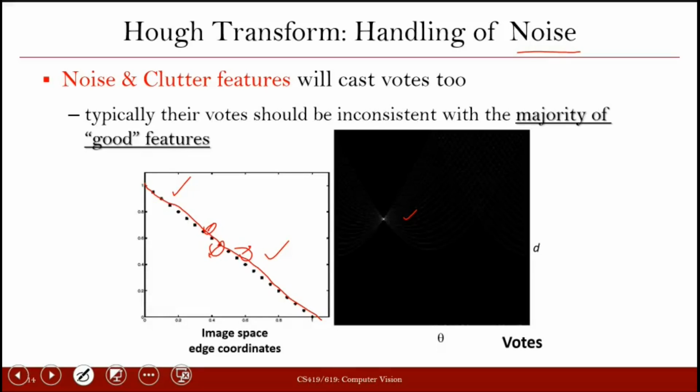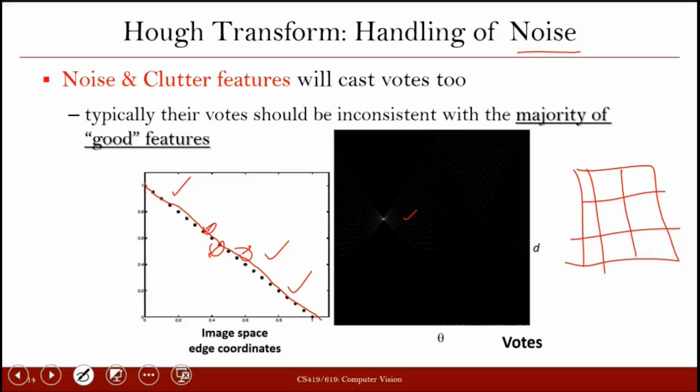Suppose there are 100 points on the line, and out of those 100 points, 10 are noisy. They will not vote for the correct parameter value; they will vote for some different parameter value. But since we decide the existence of the line, or its parameters, based on the majority, the 90 correct points have all voted for this particular M and B, and those noisy points have voted for this.